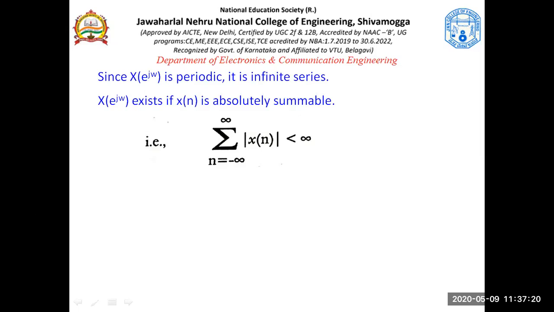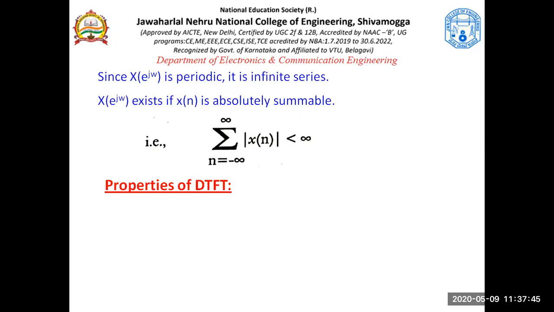Get that point? Now let's look into the properties of DTFT. Before going to the properties, let's understand what DTFT is. DTFT is the discrete time Fourier transform that is applicable to x of n. What is x of n? x of n is a discrete time non-periodic signal.